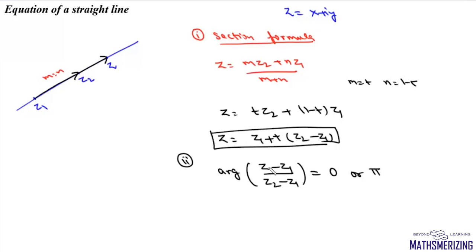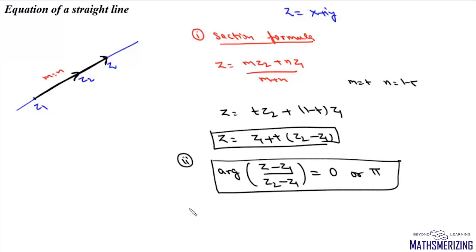Now this is basically the angle between z and z1 and z2 and z1. So this angle must be either 0 or pi in case of a straight line.